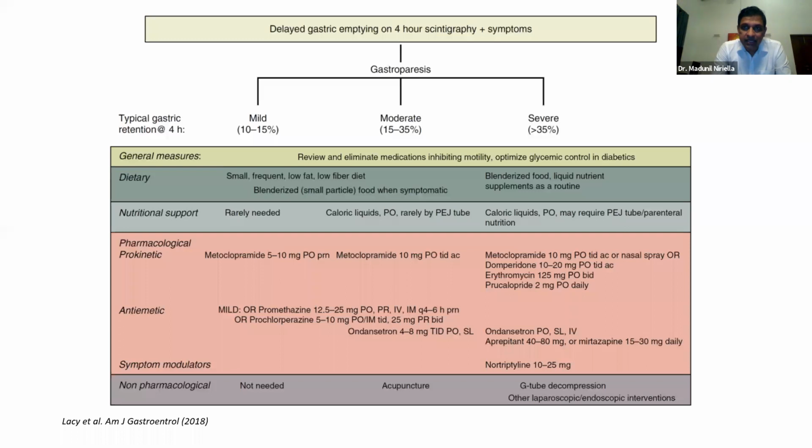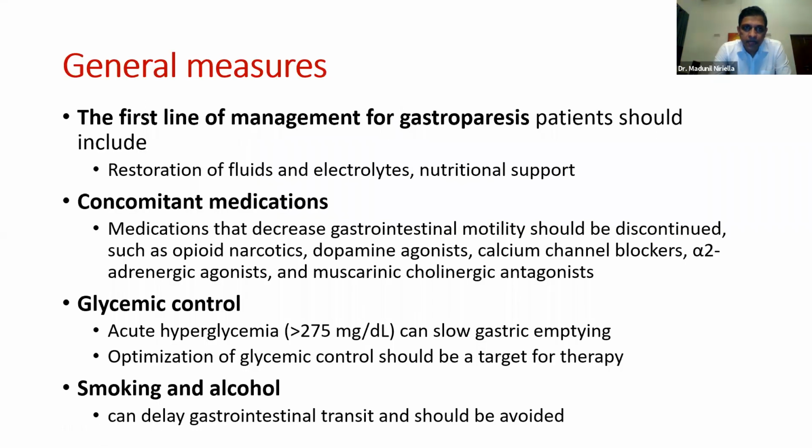Gastroparesis is classified here as mild when retention at 4 hours is about 10 to 15%, moderate at 15 to 35%, and severe at more than 35%. I'll take each of these components individually and discuss.